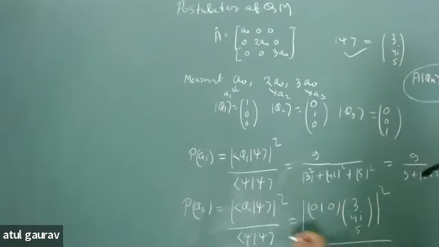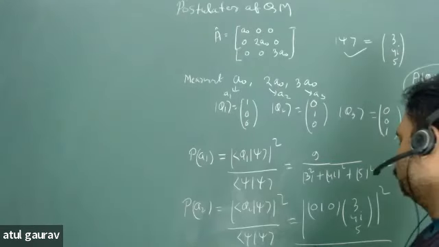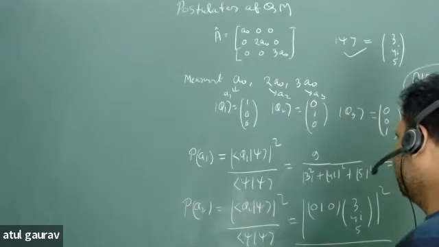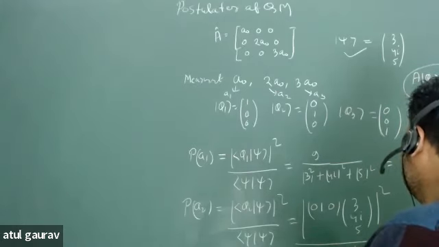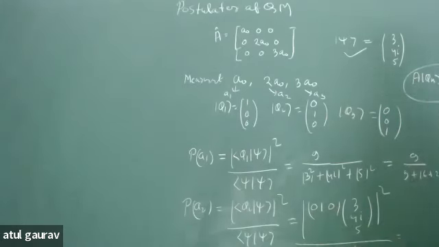And here psi with psi is mod 3 square plus mod 4i square plus mod 5 square. So what is this value? It is 16, the mod square of 4i, upon 50. That value is 16 by 50.